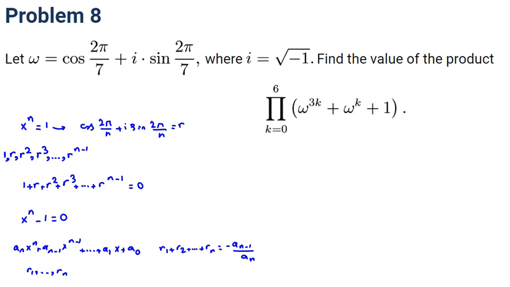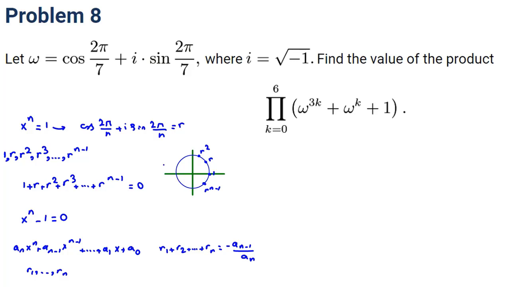The next proof is more intuitive: because it is 2 pi over 7, r squared and all these up to r to the n minus 1 are spread around the circle.